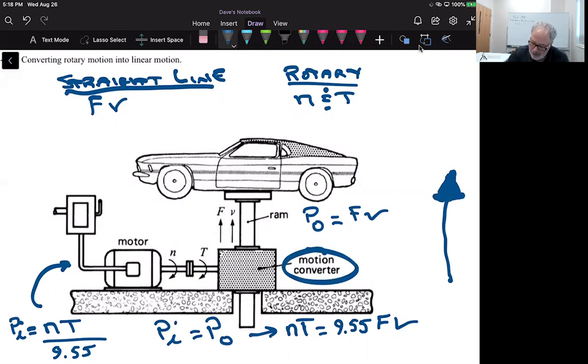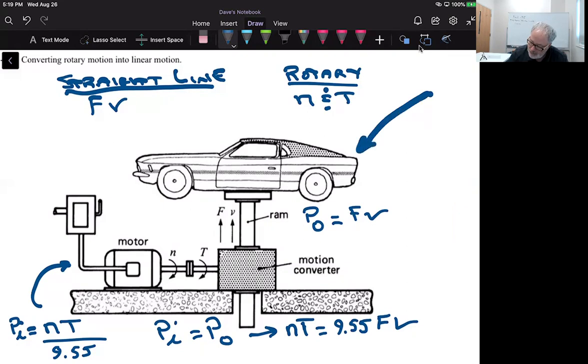For this particular application, we're looking at a hydraulic system that uses the hydraulic fluid to push this ram vertically, and that vertical motion causes the car to rise up. This looks like an old Mustang to me, but anyway, that's what this is supposed to represent.